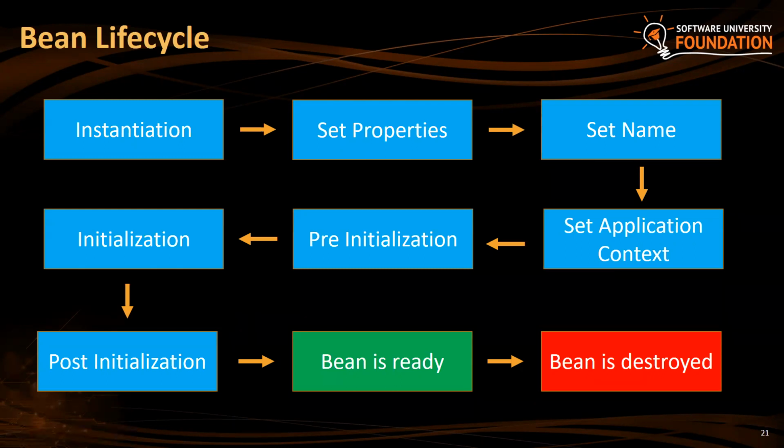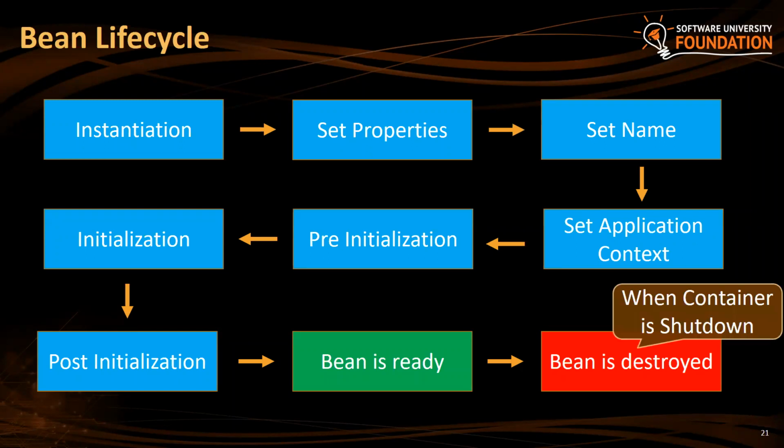If something is required post-initialization, we can define it and those actions can be performed. After all these things, the bean is ready, available, and can be destroyed anytime. Generally that happens whenever the container is going down, and at that time all the beans get destroyed.